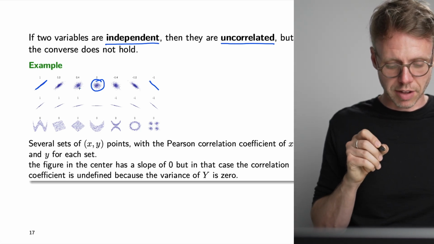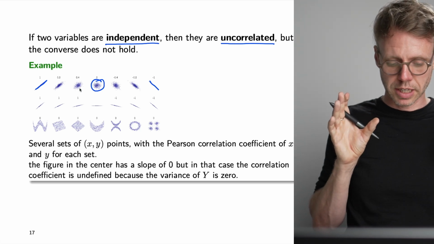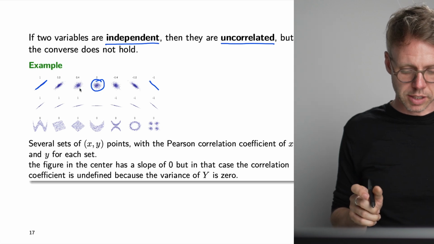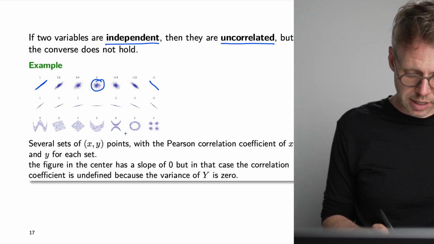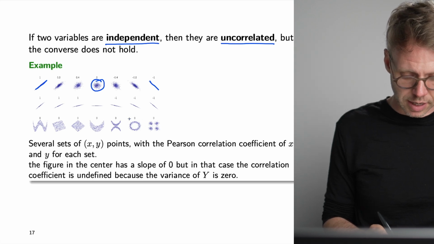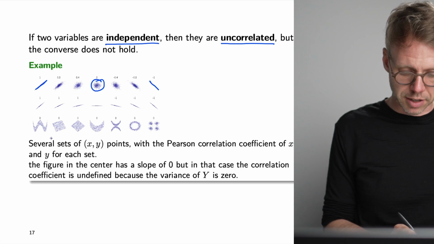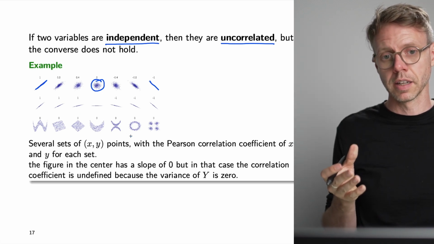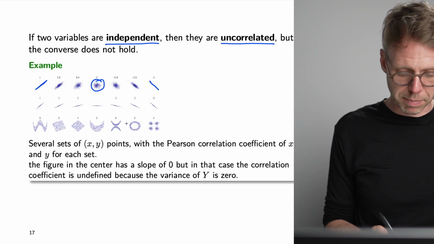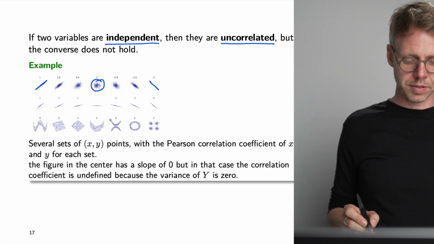However, this is not enough to tell us something about the dependence between x and y, because here we see many examples where there are no linear relationships, so the variables are in fact uncorrelated. However, there are dependencies between these two.